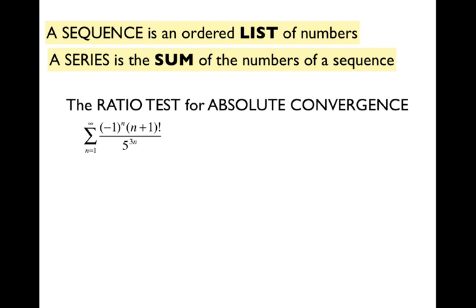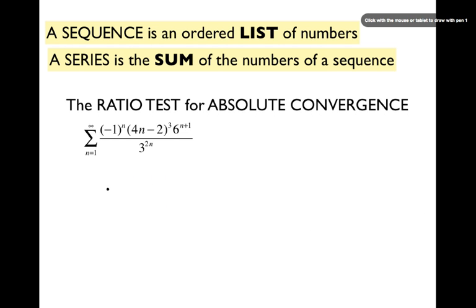Time to look at one more. We'll do it together. I'll do it as fast as I can. Okay, negative 1 to the n plus 1 over negative 1 to the n in the absolute value is just going to go away, so this time I won't write it. But if that's not a negative 1, if it's negative 2 or 3, then you want to have it because it's going to make a difference, okay?